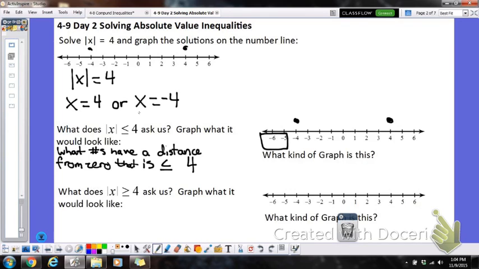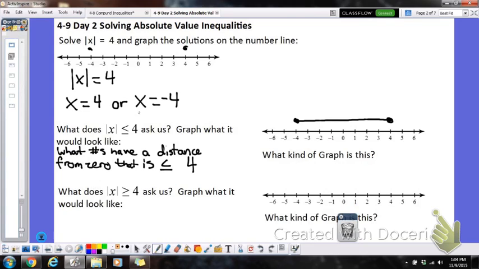The distance is too big. They're too far away from 0. But if we look at the numbers in between the 4s, the negative 3s, the 0s, the 2s, those all have distances from 0 less than 4. So we will shade the numbers in between 4 and negative 4. And if we look at 5 and 6 and above that, we can see that those distances are too far from 0.